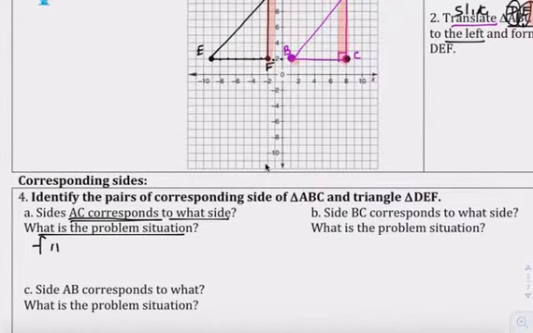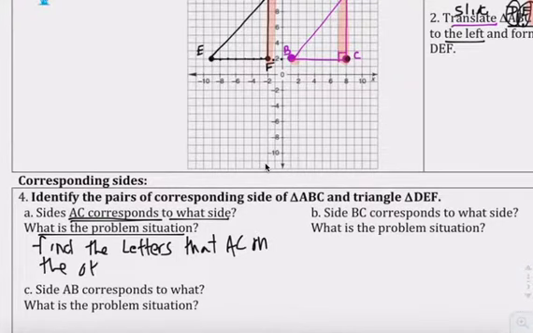Find the letters or the variable letters that make AC on the other triangle.